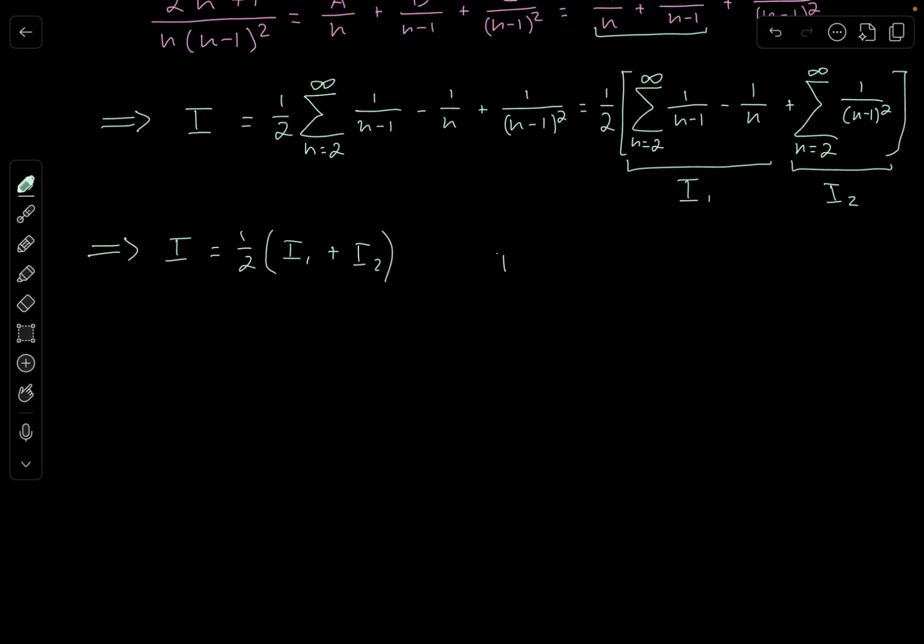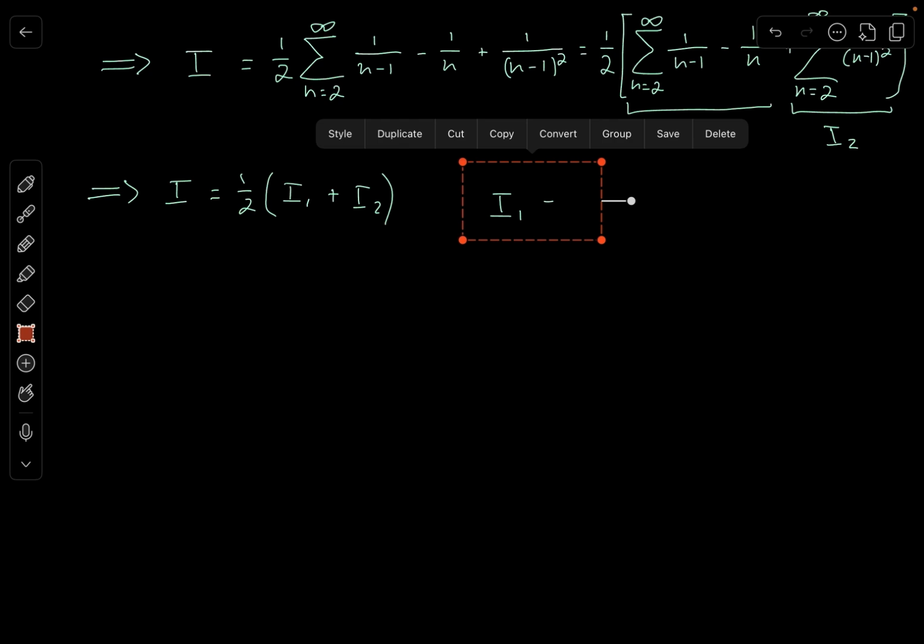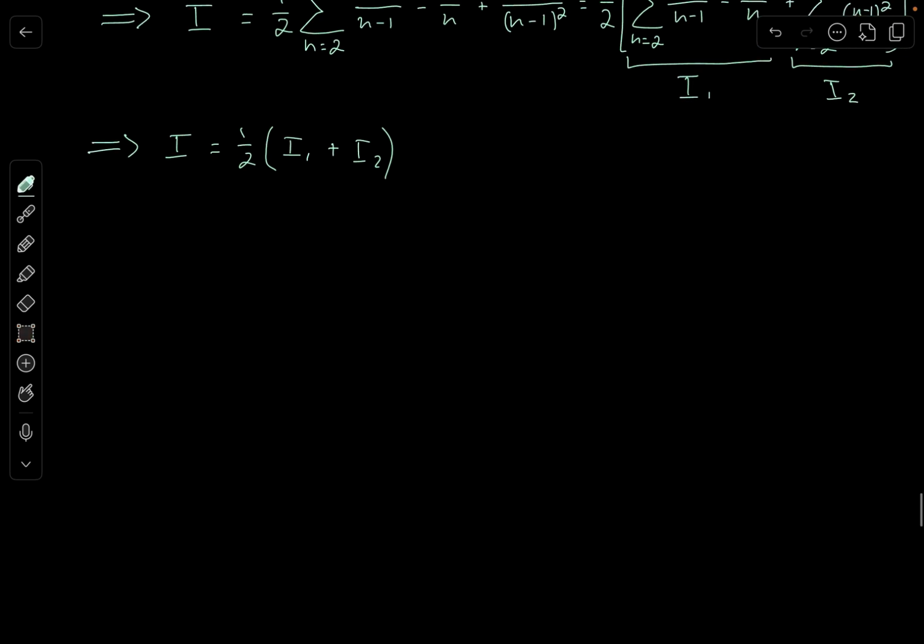Okay, so for I sub 1, we have the sum from n equals 2 to infinity of 1 over n minus 1 minus 1 over n. And I'm just going to start writing out terms for it. So if we plug in 2, we get 1 over 1.